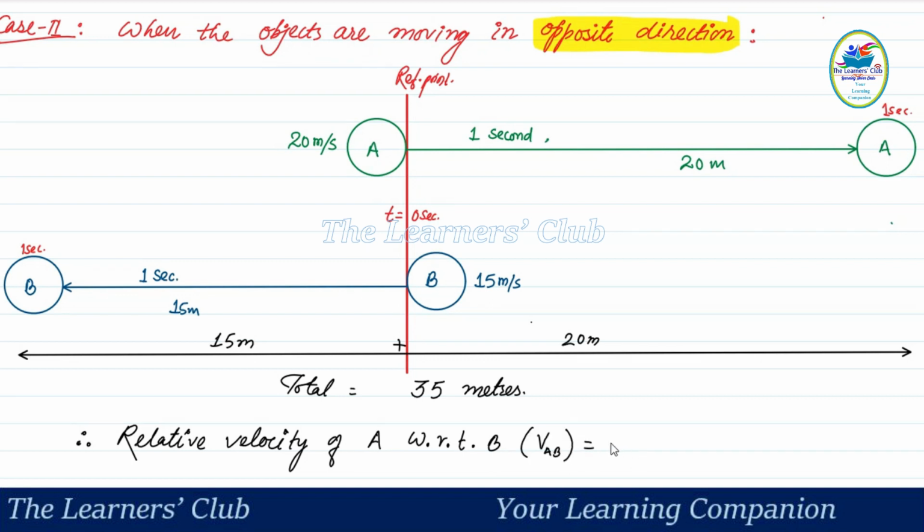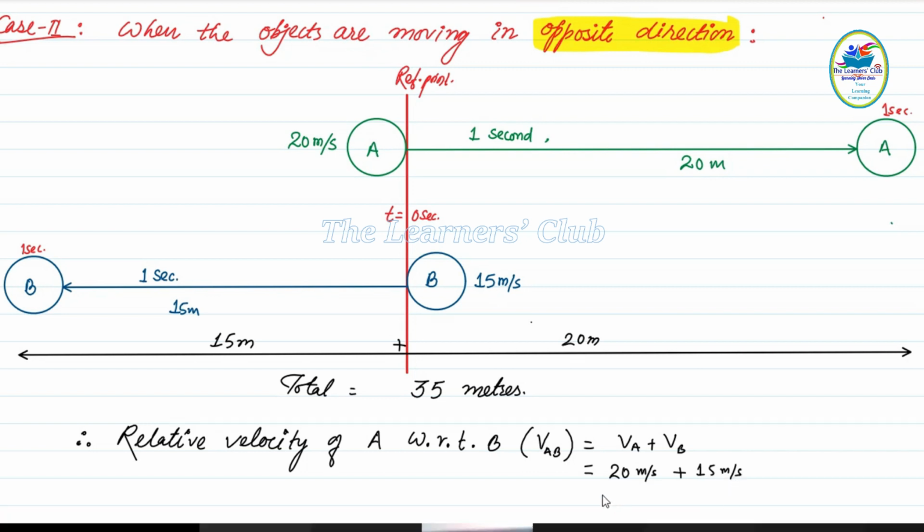This is equal to VA plus VB, because of opposite direction motion, you have to add. I have already given you the hint. VA is 20 meter per second plus VB is 15 meter per second. That comes to be 35 meter per second.